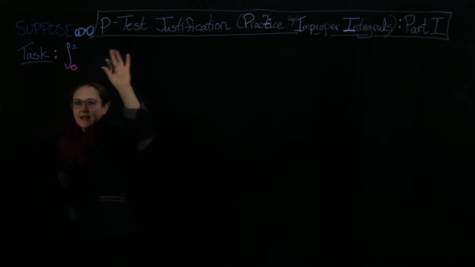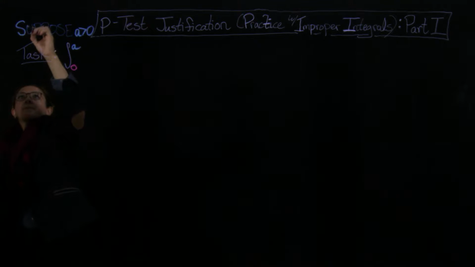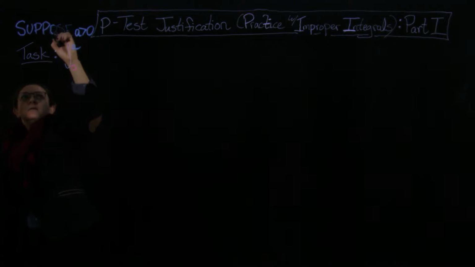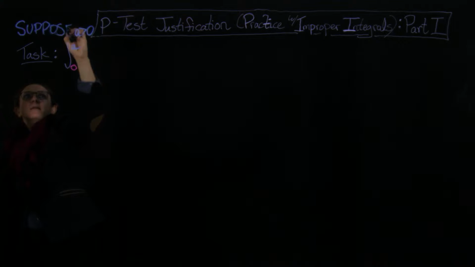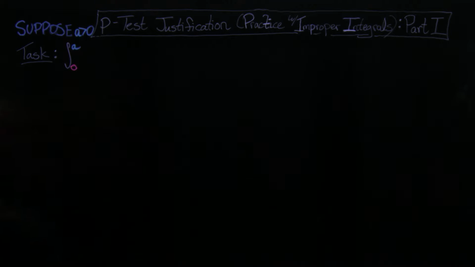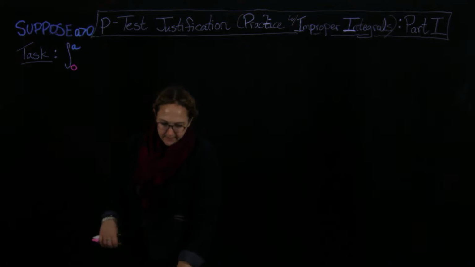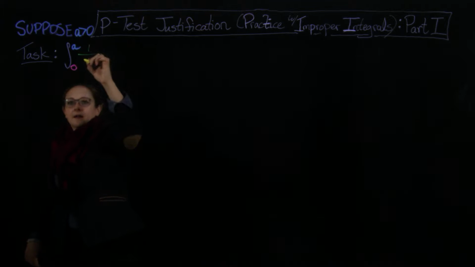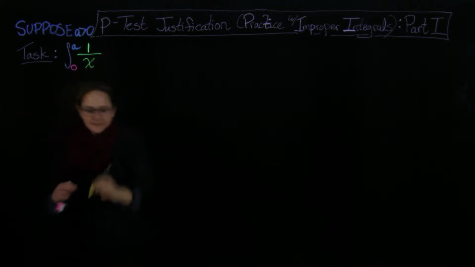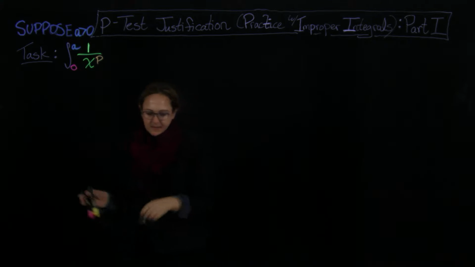I think you're going to have trouble seeing that other blue, so we're going to write like this. So suppose that this a is greater than 0. Then our task is to do this integral of 1 over x to the p, dx.